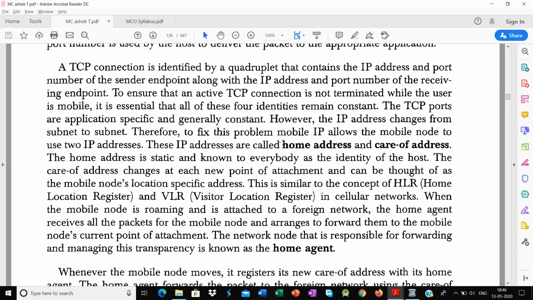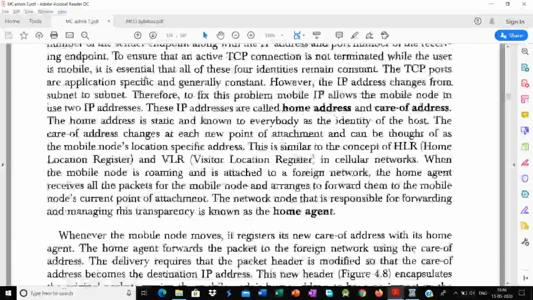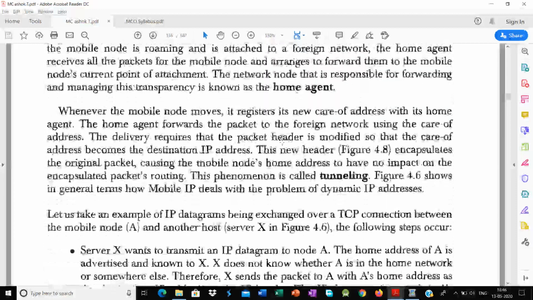This task is managed by the home agent, a node responsible for forwarding and managing transparency between your different networks. Okay, so this is how your mobile IP works.